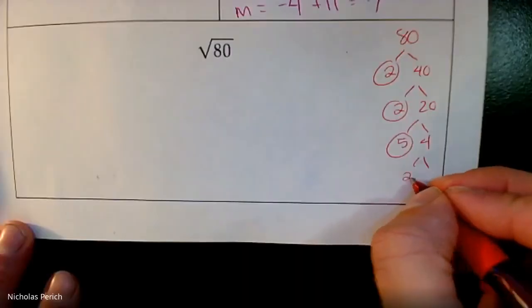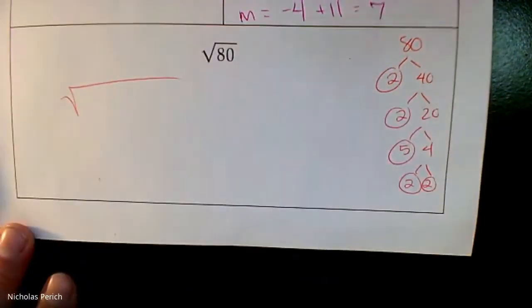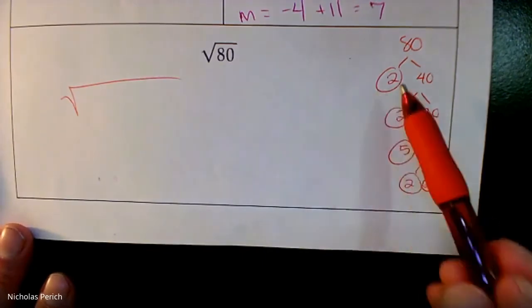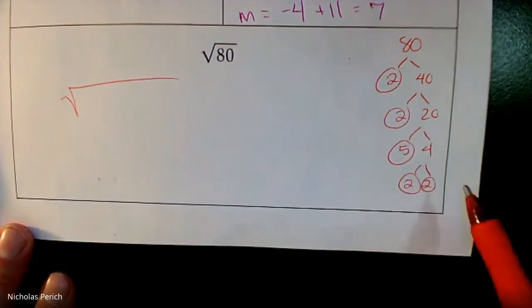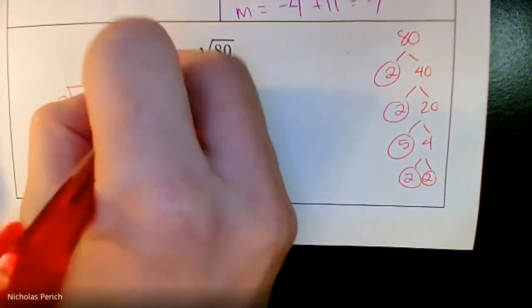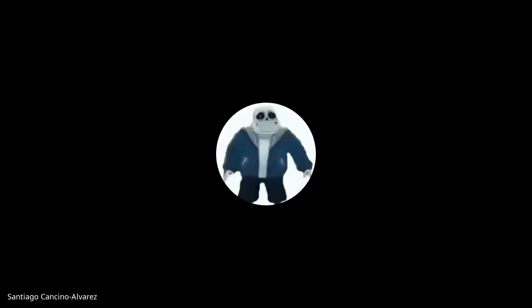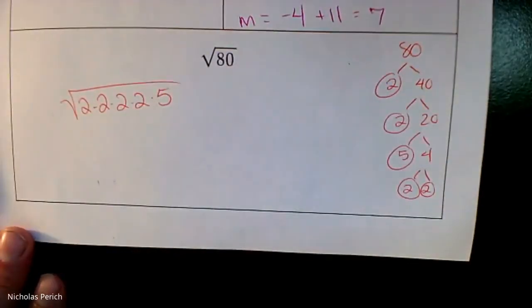I'm going to write out the square root of 80 as dos. Dos is Spanish for 2. Wow, really? I'm sure you weren't aware of that. I'm sure Santiago, you were not aware of that.